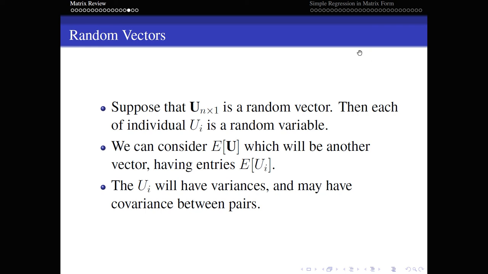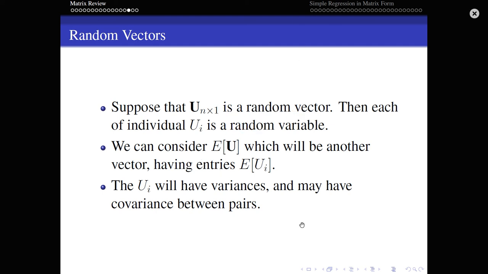Now, each of these elements is in a vector, and again, I want you to just think of this long list of numbers. If we call this a random vector, then each of the numbers in the vector is random. If I wanted to take the mean of the vector, I could find the mean of each one of these little random entries, because any random variable has a mean.